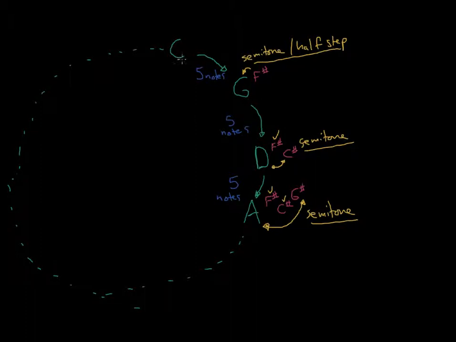But for now, as long as we're very comfortable with this pattern of going up 5, that G keeps the F sharp and adds a semitone below, and that A keeps the F sharp and the C sharp from the one before and adds a semitone below.